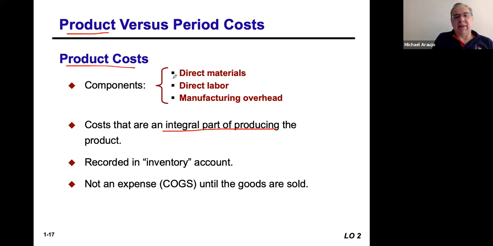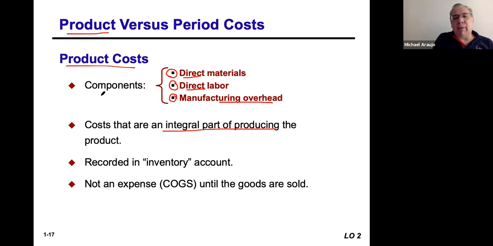Product costs include those three categories that we just reviewed: direct materials, right? Direct labor. Again, the word direct tells you that they are directly involved in producing the product. And manufacturing overhead, anything, all other costs basically that are involved in the factory production of a product is manufacturing overhead.